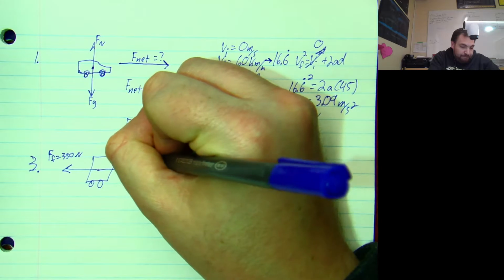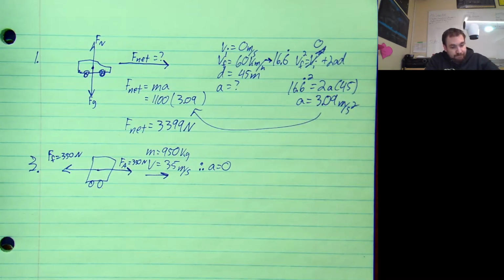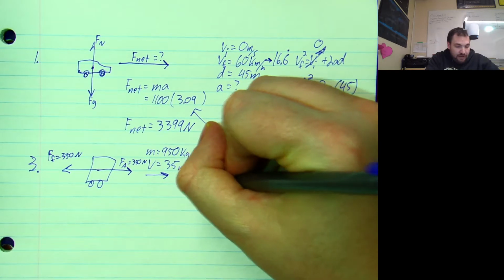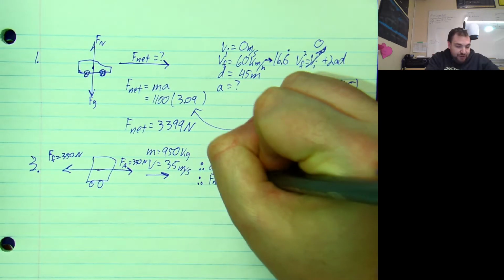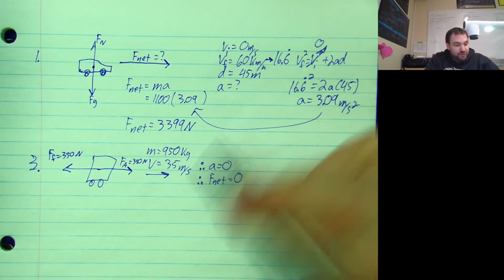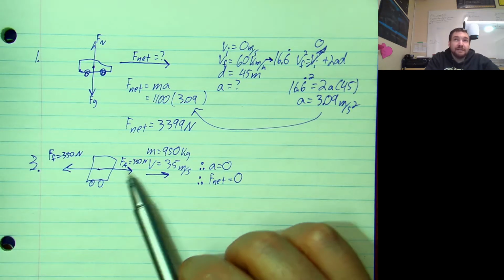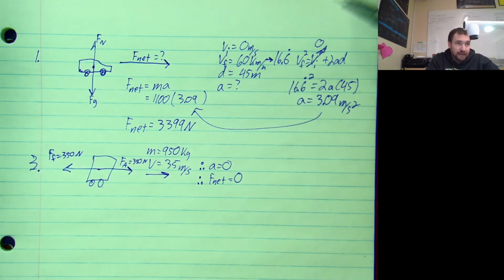How do you know? Well, it has to. There's no net force. There's no acceleration, so there's no net force. Therefore, F net equals 0. So then these two forces must be in balance. And we're done.